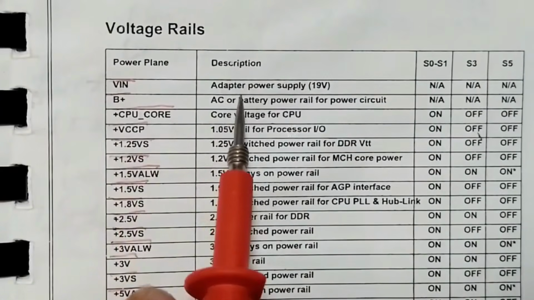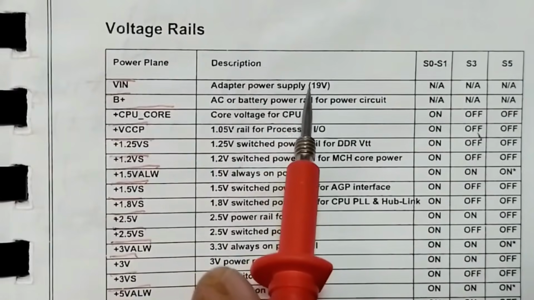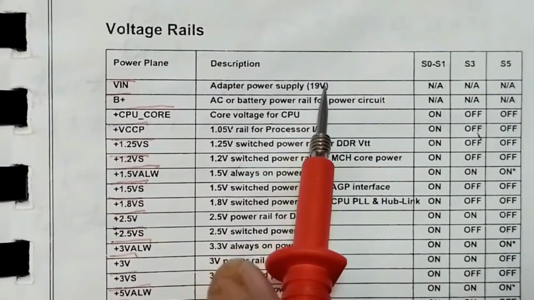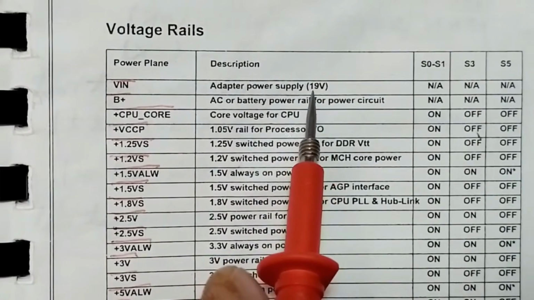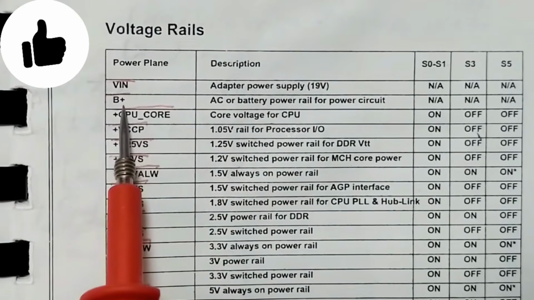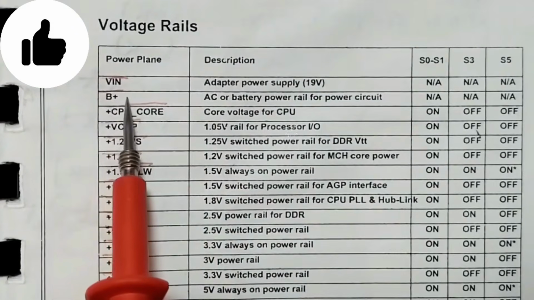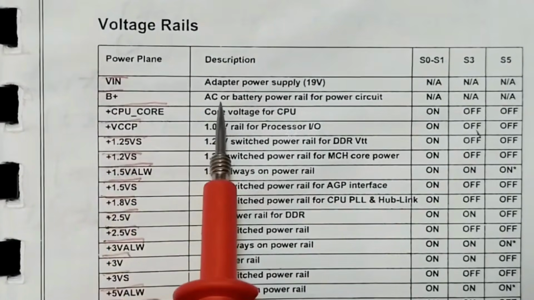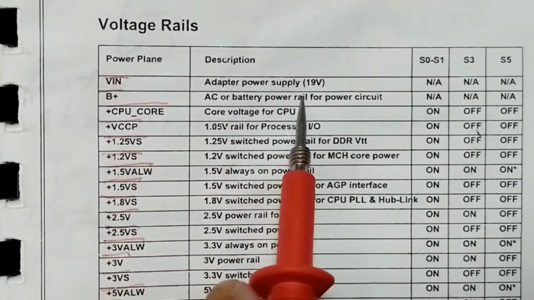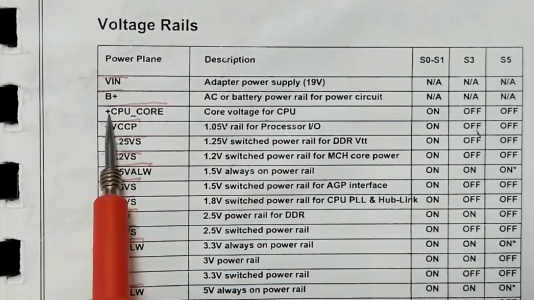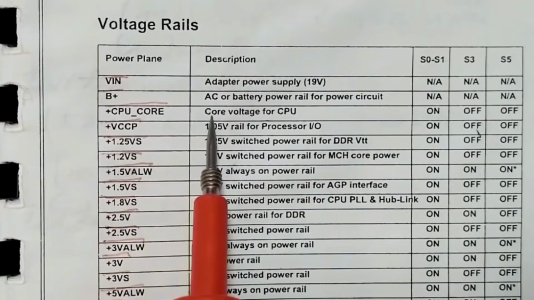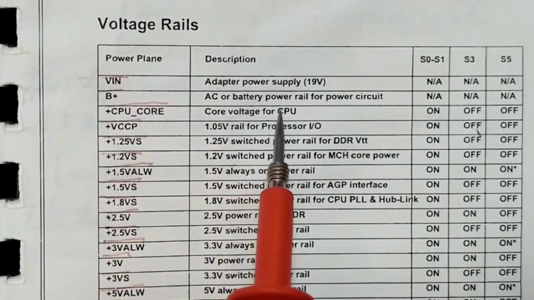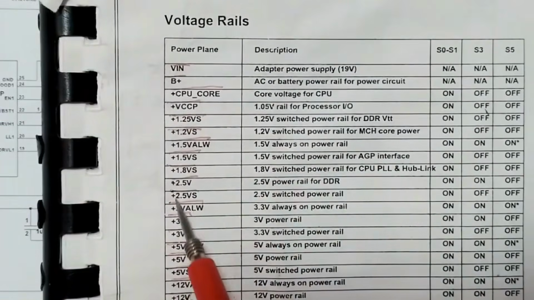Here we have the VIN, meaning the adapter power supply, 19 volt. It could be 20 volt, but usually 19 volt. B plus, when you find it in the schematic, means the AC or battery power rail for the power circuit. Plus CPU core means the core voltage for the CPU or the processor, and so on.